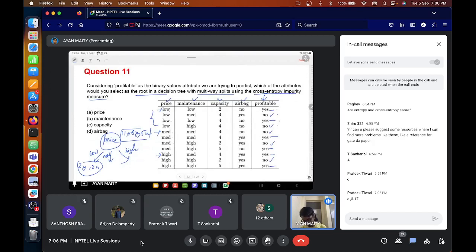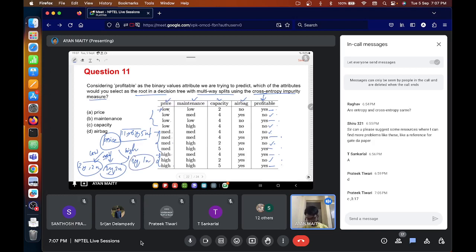Similarly for price value of medium, there are 2 yes and 2 no. So this is the second partition. And then in the third partition, where price value is high, 2 yes and 1 no.